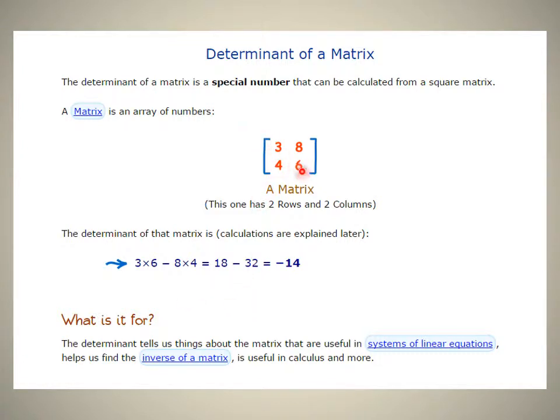So 3 times 6 minus 8 times 4, that will be 18 minus 32, and it will give you a numerical value. And that is basically the determinant of a matrix.